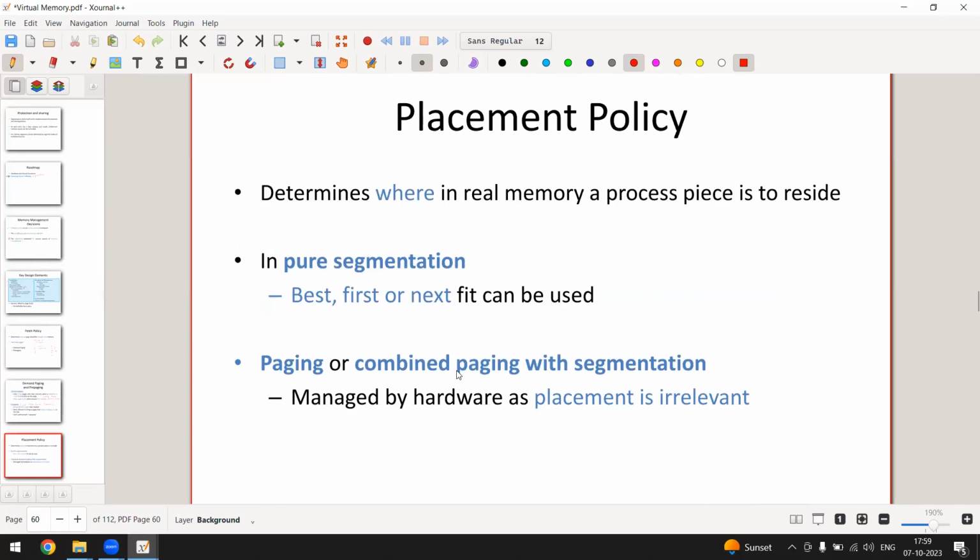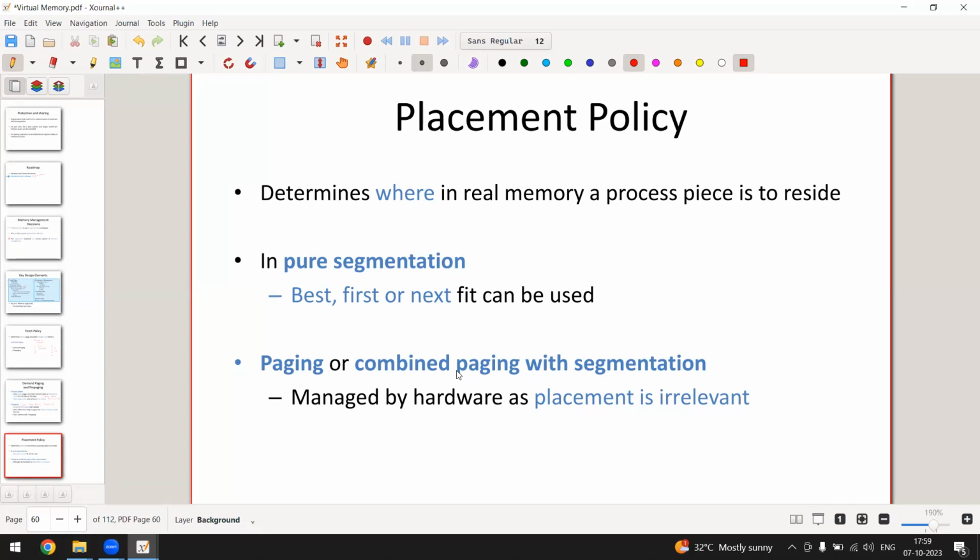The next policy is placement policy. Placement policy determines where in your real memory a process piece is to reside, right? Basically, the decision of where to put a page in memory depends on which scheme you are using, segmentation or paging.